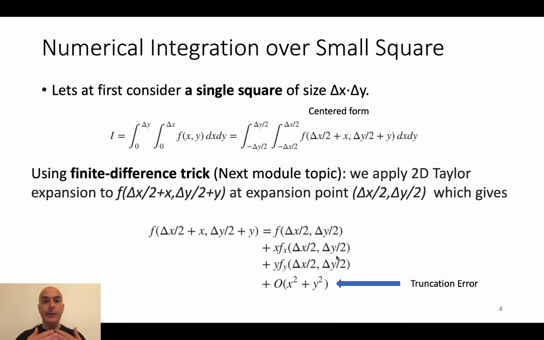Of course, the Taylor expansion includes several more terms. We decide to truncate our Taylor expansion and keep only these three terms, right? A constant term, a term that depends on x, and a term that depends on y. And the truncation error will be of big O of x squared plus y squared.